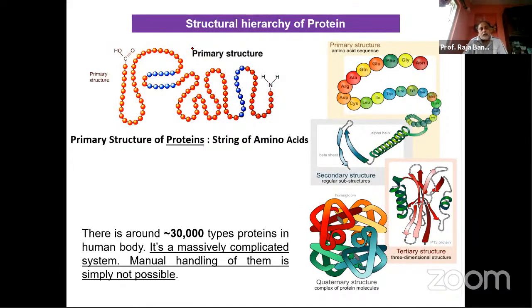So the primary structure is basically considering only the omega. If you are making one brick, another one, another one, and you are making a line, the line cannot get longer and longer because you have a restriction of space.